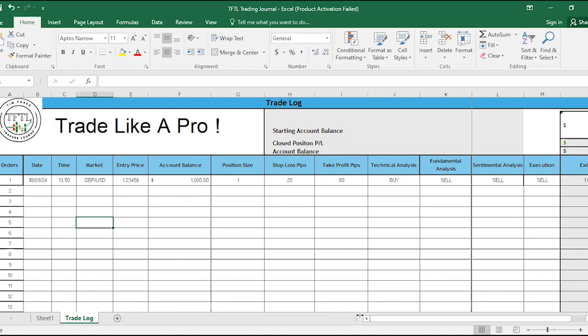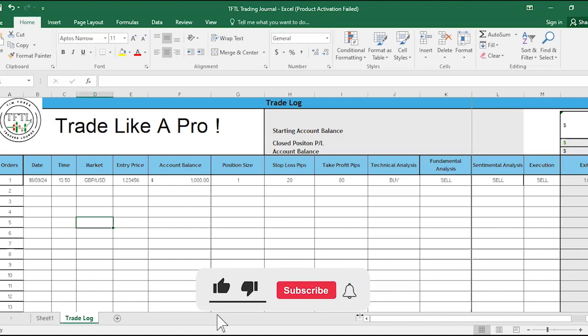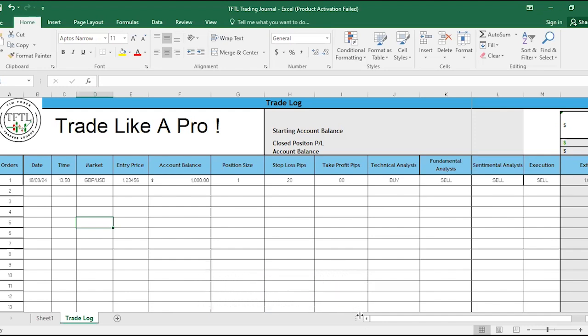The moment you realize the strategy and market conditions that work for you, you can refine and develop a trading style that suits your personality, risk tolerance, and goals. And that will be another big win. So if you are able to develop a personalized trading strategy, you are one step ahead in terms of becoming a successful trader.